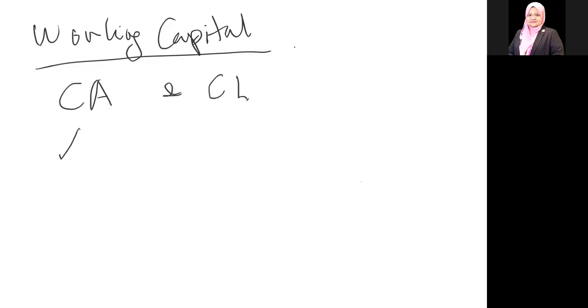So part of current assets is inventory management. The effectiveness of inventory management will lead to a very positive working capital. A part of current assets is also account receivables.